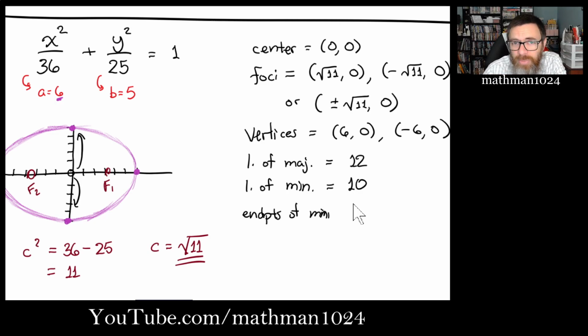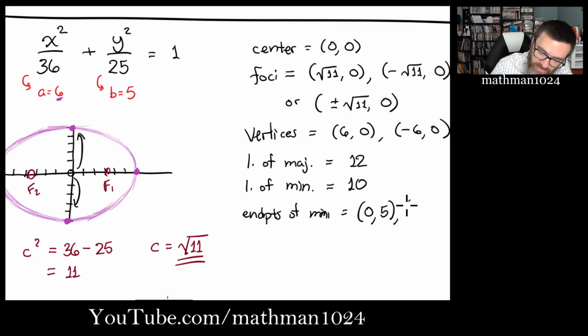Well, that's just going to be a change by 5 from the center. So it's going to be 0, positive 5, and then 0, negative 5. Okay? Let's see, what else do we need? So we have the center, foci, vertices, length of the major axis, length and endpoints of the minor axis. Okay, let's do the domain.